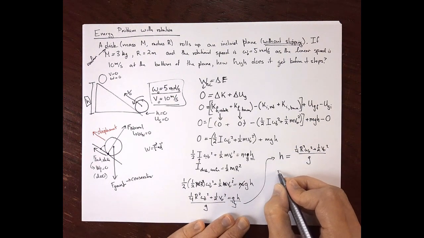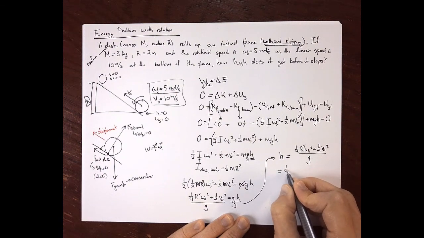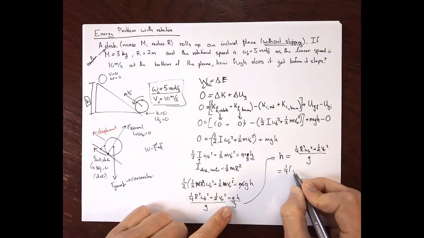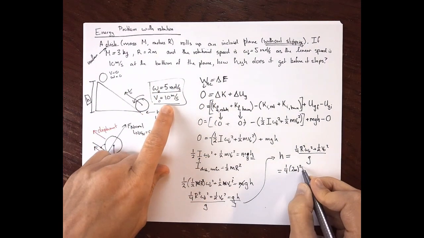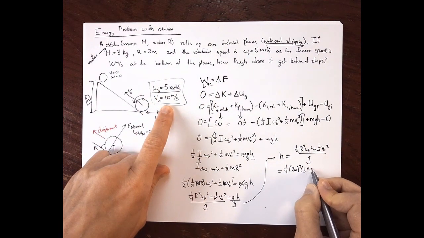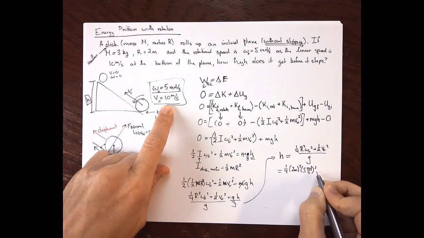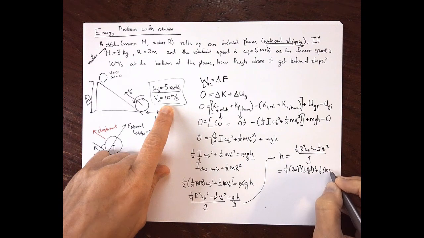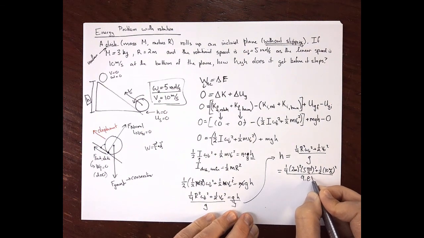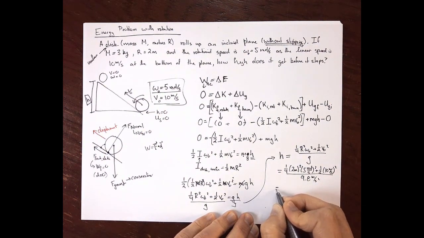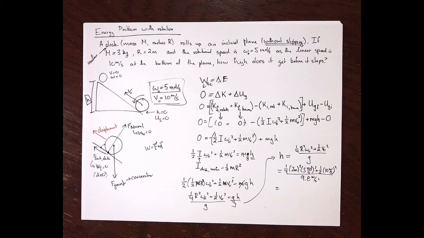And now we can plug in our numbers. R, that's 2 meters. Omega naught, that's 5 radians per second. V naught, that's 10 meters per second, over g, 9.8 meters per second squared. Go ahead and get our calculator.